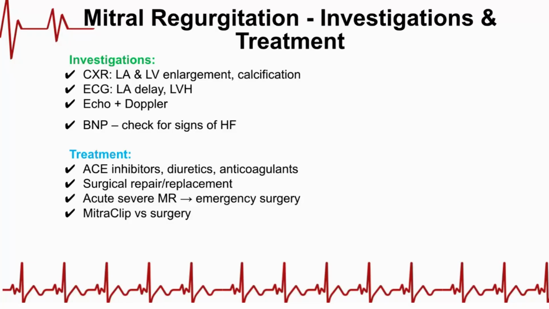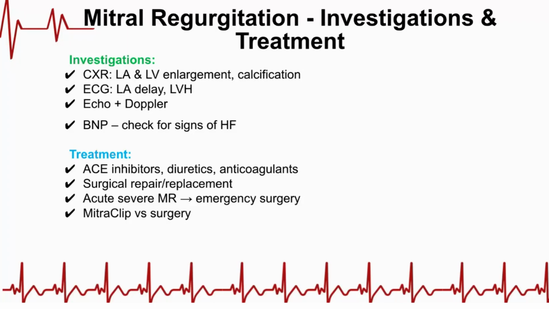So it's something that you could do. And also, when you take bloods, it's important to add on a BNP because it's important to check for signs of heart failure. So, this can also help us classify this patient to see if they have mild, moderate, or severe mitral regurgitation. Okay. And treatment is also similar to mitral stenosis.